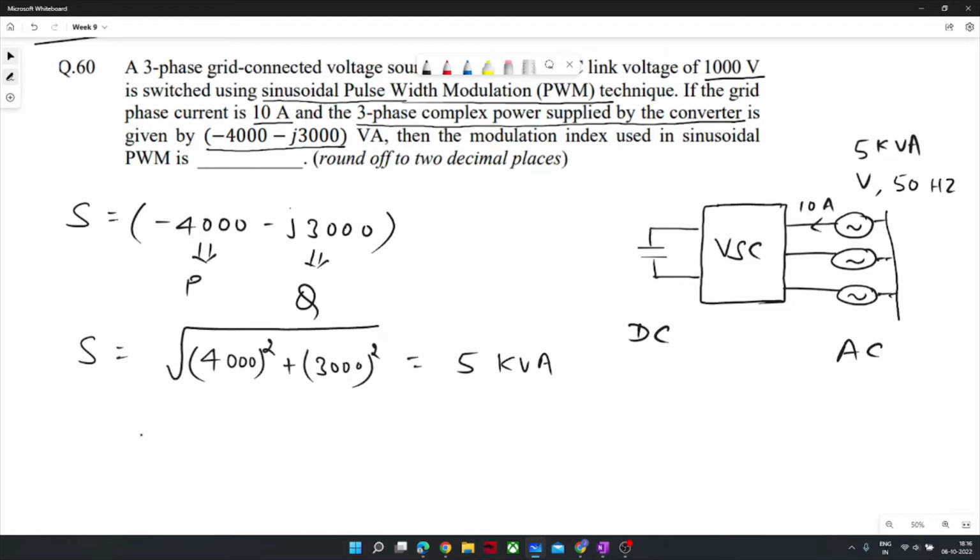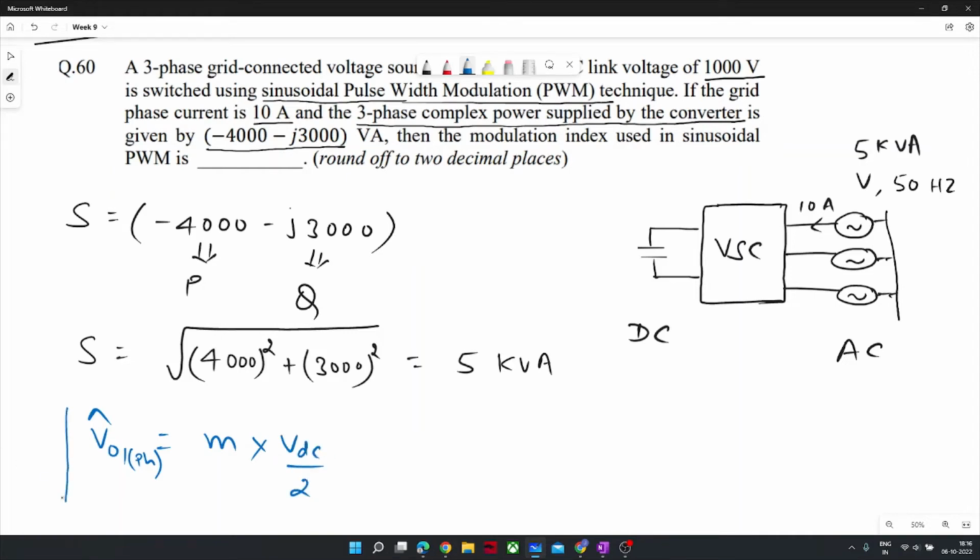The relation between the modulation index and the AC voltage and DC link voltage is given by this formula: V naught 1, the peak of the fundamental component of the output phase voltage towards the AC side, is equal to modulation index M into VDC by 2.